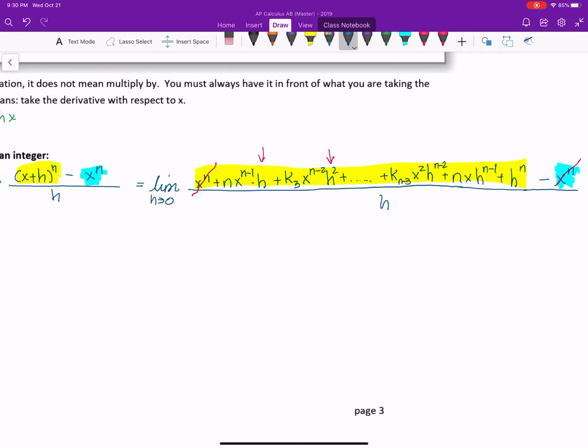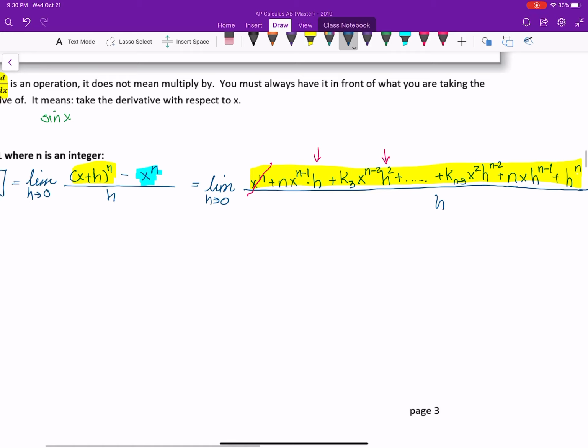So we are here. Make a little more room here. So then we have the limit, which I haven't taken yet, h approaching 0, and then taking out the h.